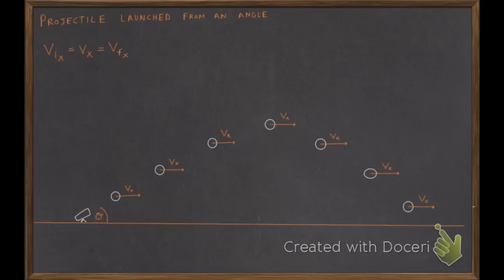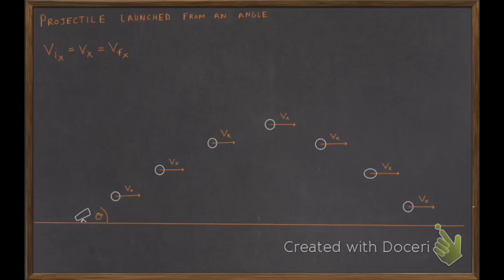But what about the Vy? So in a different color, we'll make another arrow. We will make our Vy. What happens with the Vy? Well, initially, the Vy is going to have a component because the velocity has some type of angle. So let's draw the velocity first at that angle.